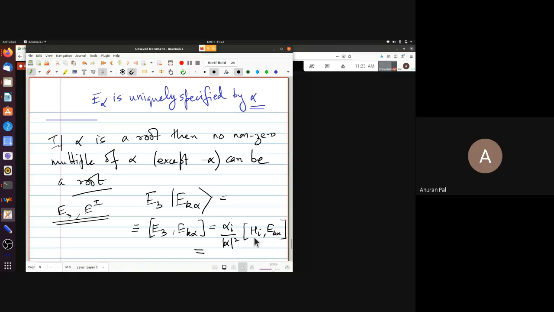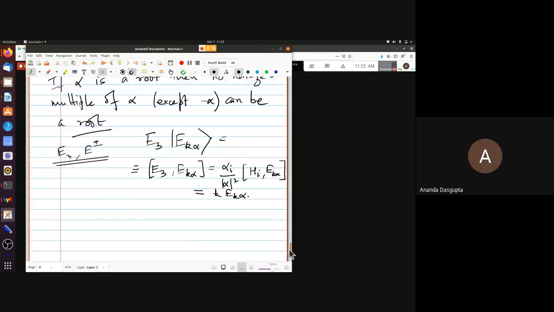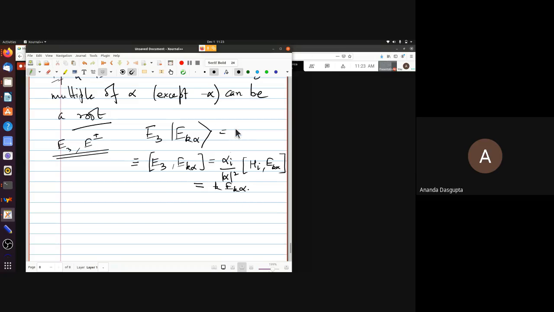K into Ek alpha. Right, because it's going to just take this K out. This is going to take K alpha I out, and alpha by mod alpha square will cancel, and you just get K Ek alpha. So what does it tell you? It tells you that E3 acting on Ek alpha is basically K times Ek alpha.